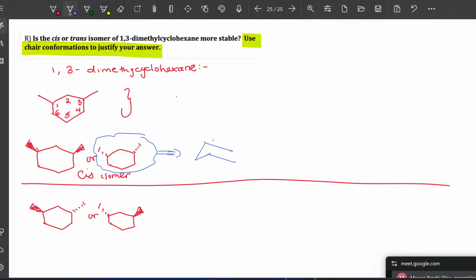I will draw two chairs that are flipped.